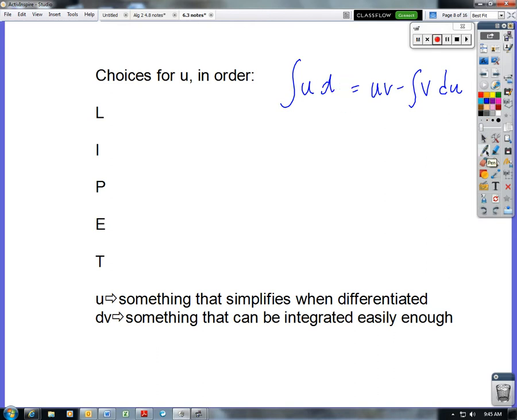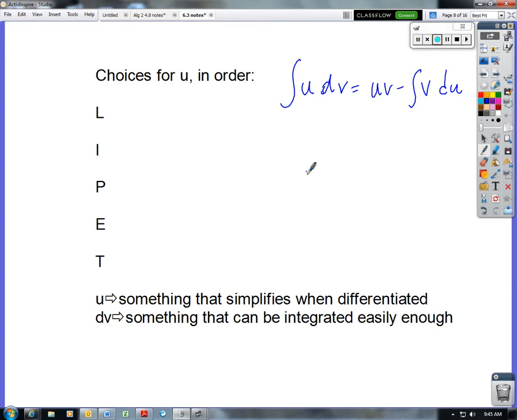It's been a year since I've used this, so my memory was rusty. The integral of u dv is equal to uv minus the integral of v du. If you say it over and over in your mind, you have a feel for what it sounds like, and then if you write it down wrong, hopefully it won't sound right to you, and you'll catch your mistake like I just did.